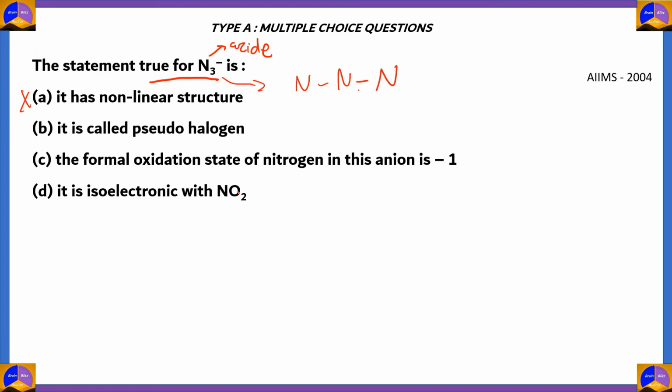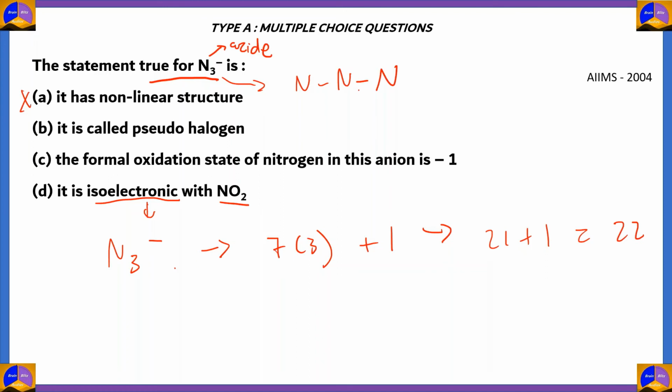What about option D? It is isoelectronic with NO2. Let's compare the number of electrons, shall we? For azide, it's N3-. So therefore 7 times 3, and then since there's a minus, +1. Therefore, it will be 21 + 1, which is equal to 22. What about NO2?